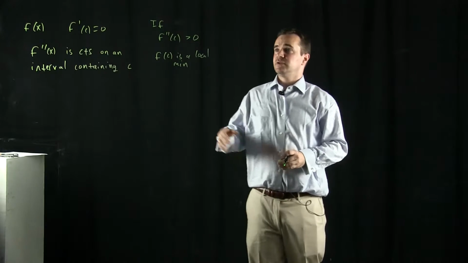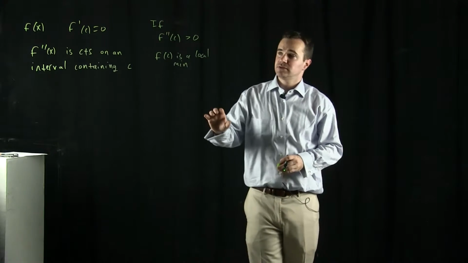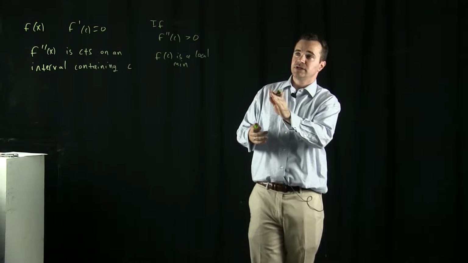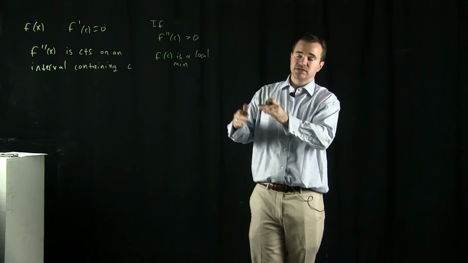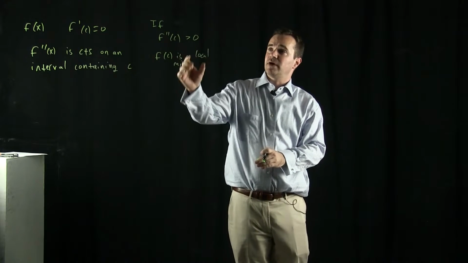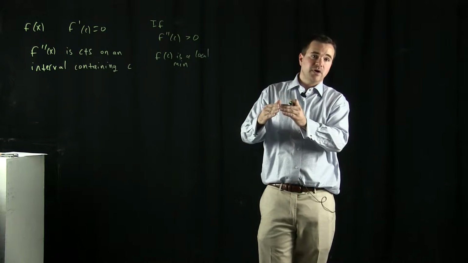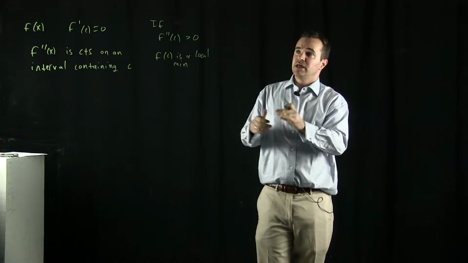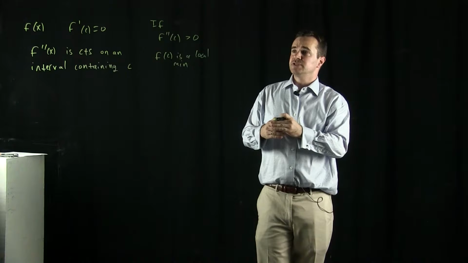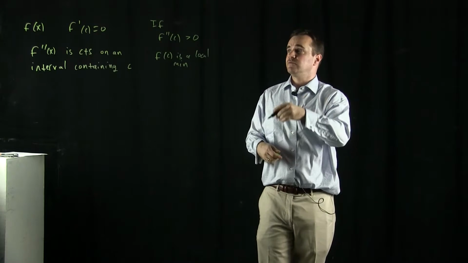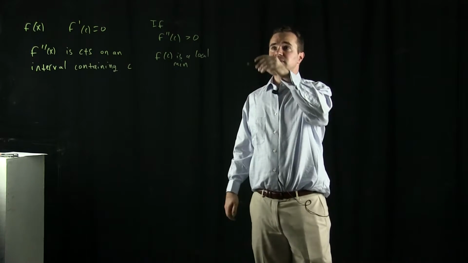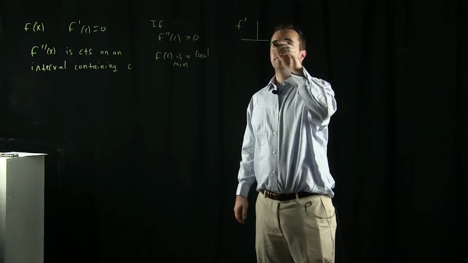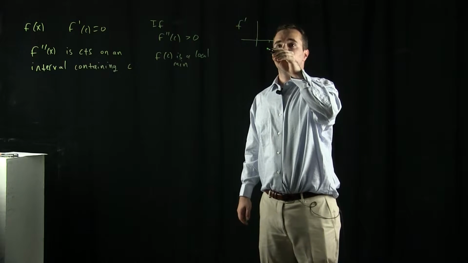If your second derivative is positive at a point, and if your function is continuous, that means that when x values change not so much, the y values change not so much. So if you're positive at a point, then you must be positive for an entire interval around c, and on that interval you must be concave up. So your first derivative must be increasing. I'll draw a schematic graph of your first derivative at the point c.